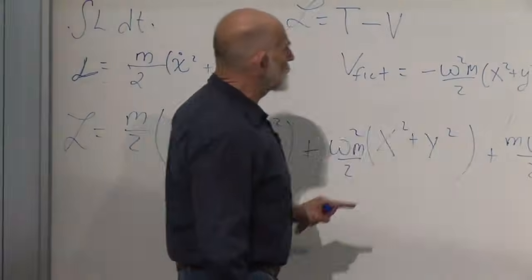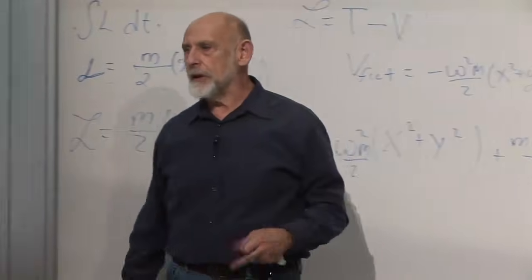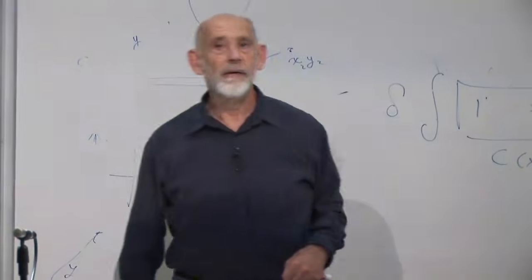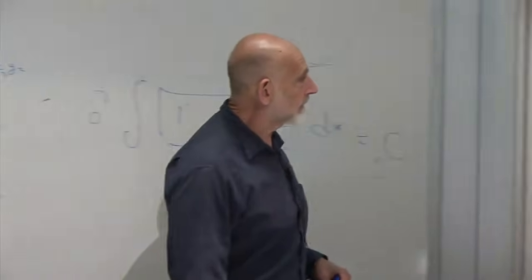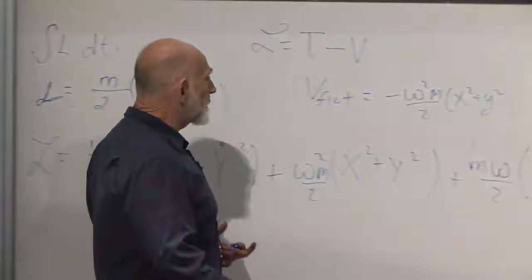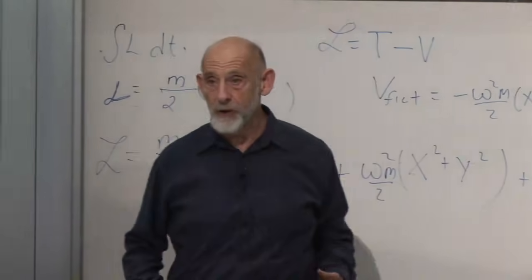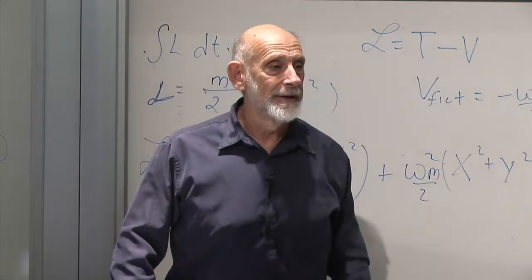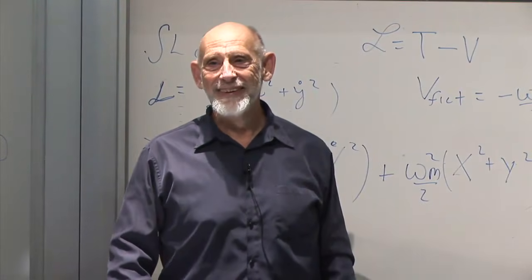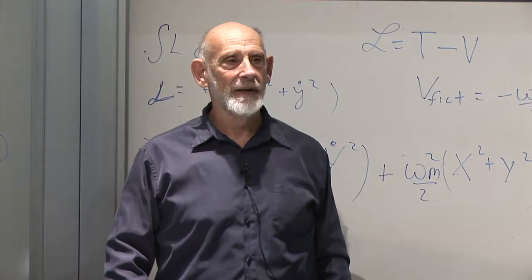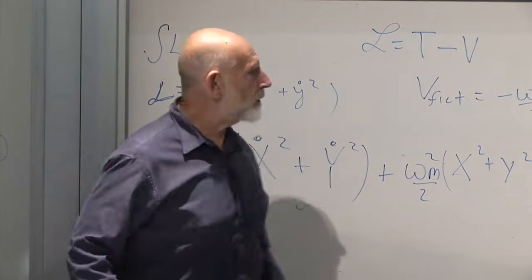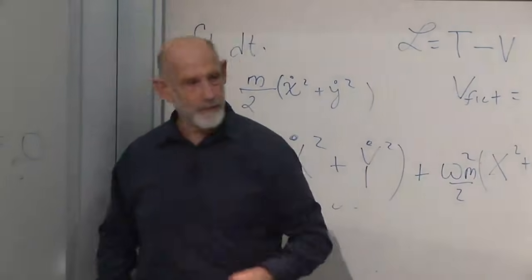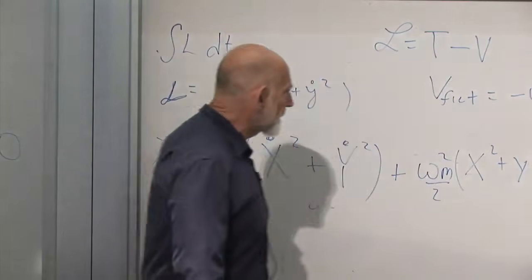What would a potential energy like this do to a particle in xy space? It looks like a radius. It's a potential energy which depends on the square of the distance from the origin. Which way is the force pointing? It's outward, radially outward. You have a potential energy which falls off in any direction. X squared plus y squared is r squared.